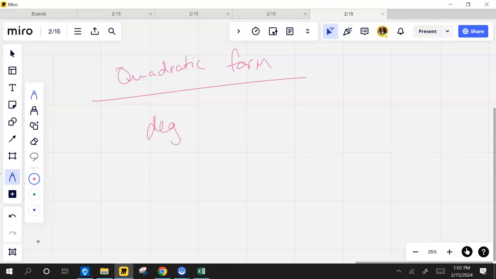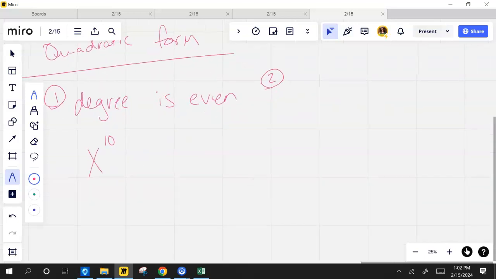Number 1, your degree is even. So maybe I have x to the 10th. Okay, so this is requirement number 1. Requirement number 2, the exponent on your middle term is half of the degree.